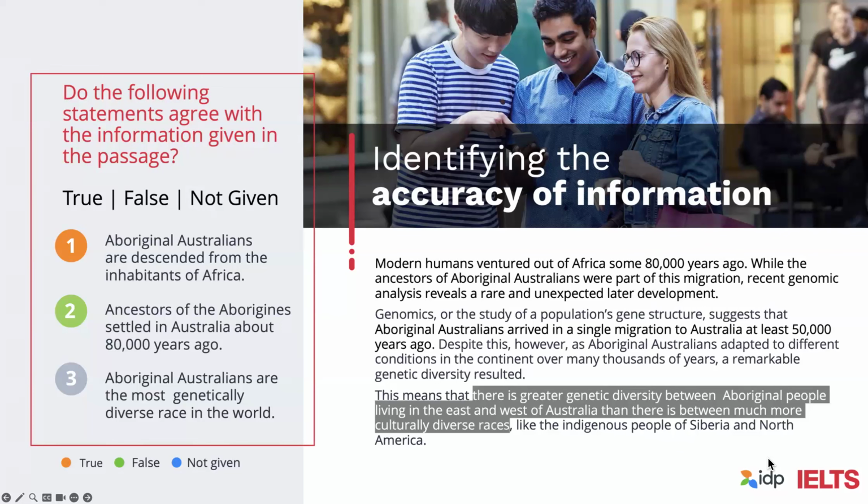It just says there's a greater, or much more. That's comparative. Yeah, but that's just additional information as to what we're looking at. The question is most genetically. That's what we've got to concentrate on. And there's no mention of a superlative form, so automatically not given. Yeah. Thank you.